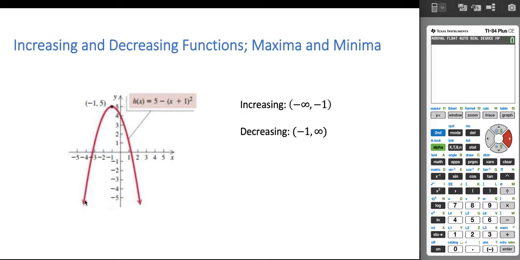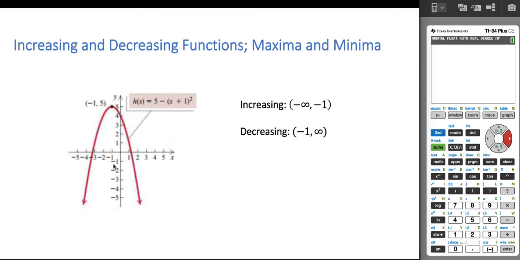I am going uphill until I get to this point, and then I start to go downhill. So we are increasing from the beginning, which is negative infinity, until we get to -1.